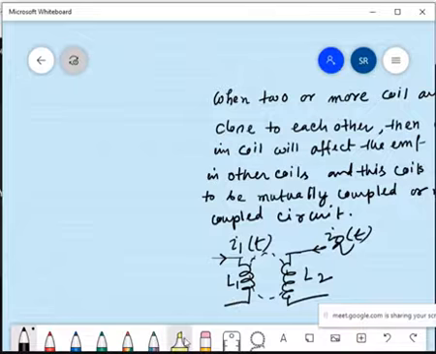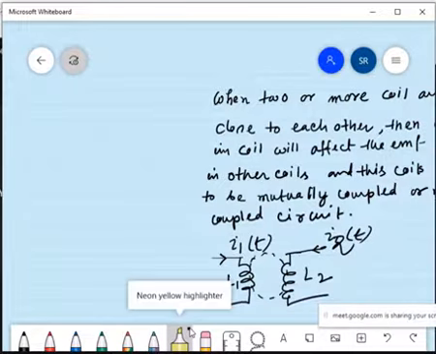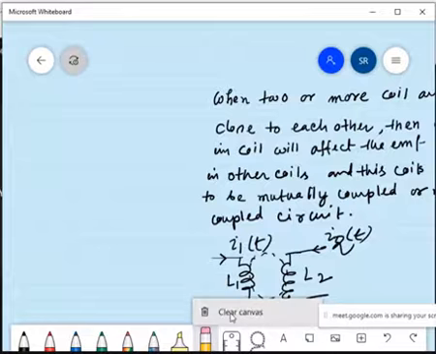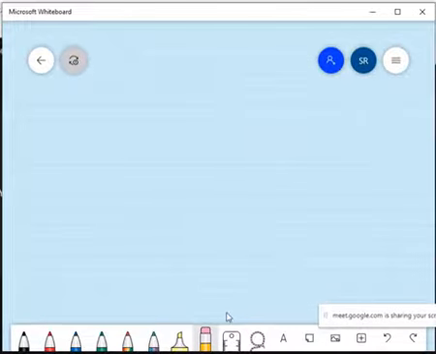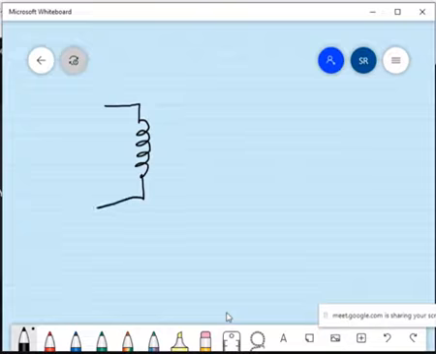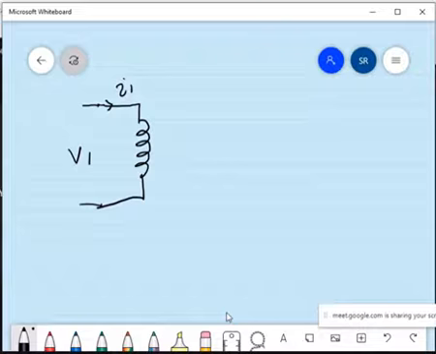I'll draw it in a big way. So the voltage is V1, current is I1, inductance is L1, and another coil.